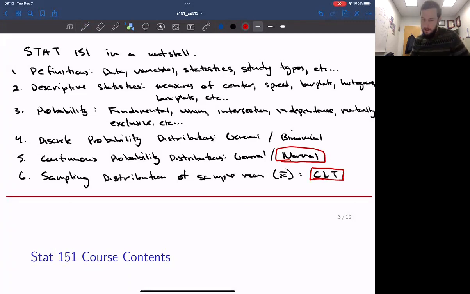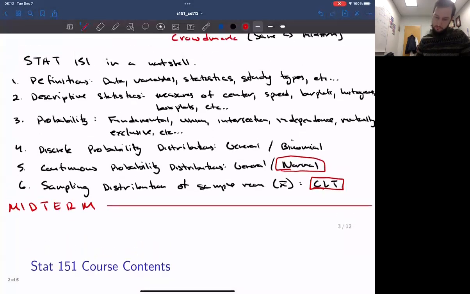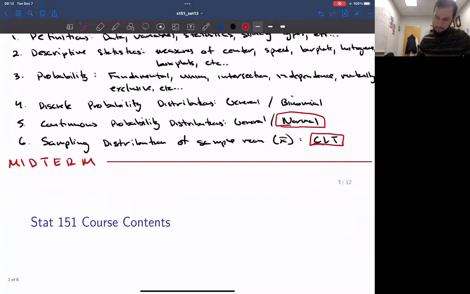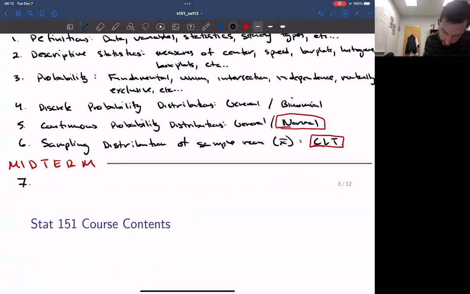Okay, and then this is where the midterm was. Okay, so post midterm, we did one sample confidence interval.